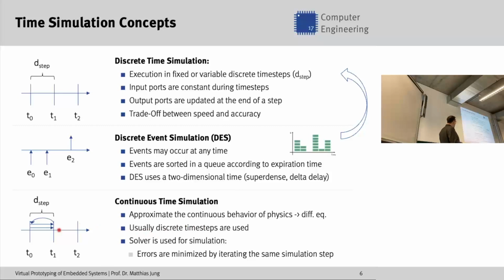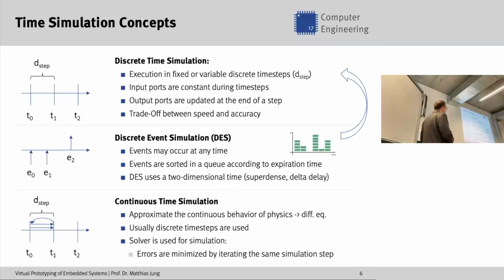And how does such a solver work? Usually we simulate a time step, and if we see the error is too big, then we roll back and simulate again until we converge to a fixed value. We will also talk about this, but you already get the idea.